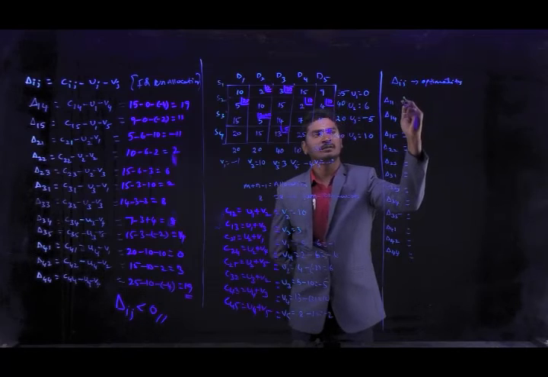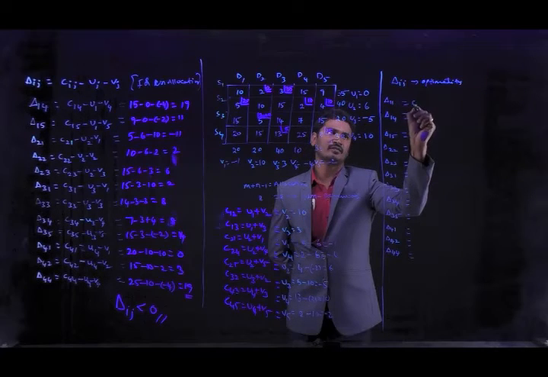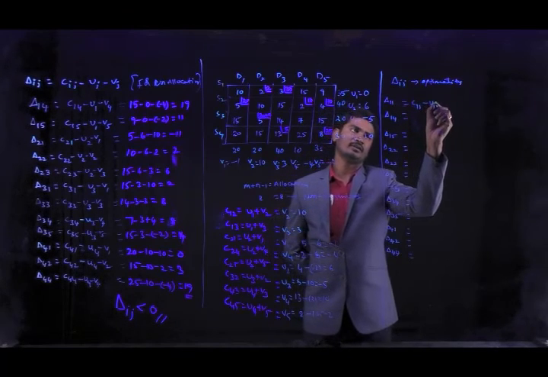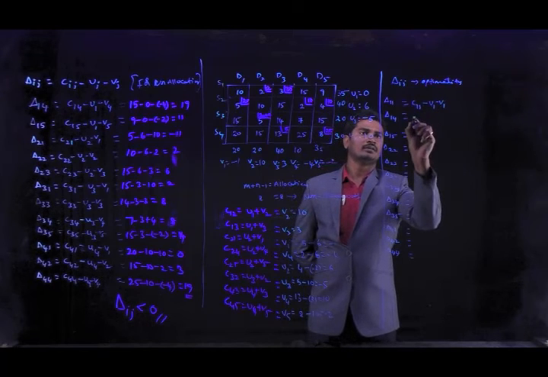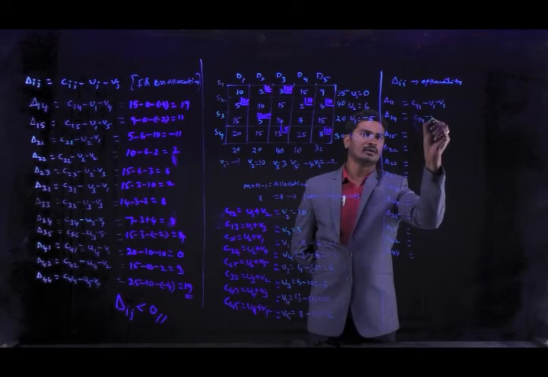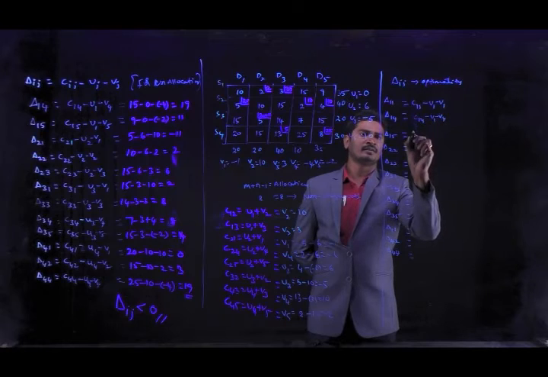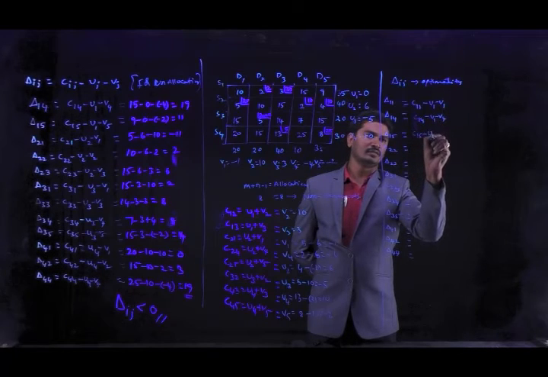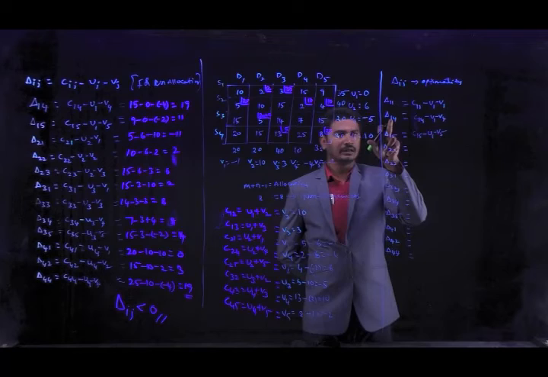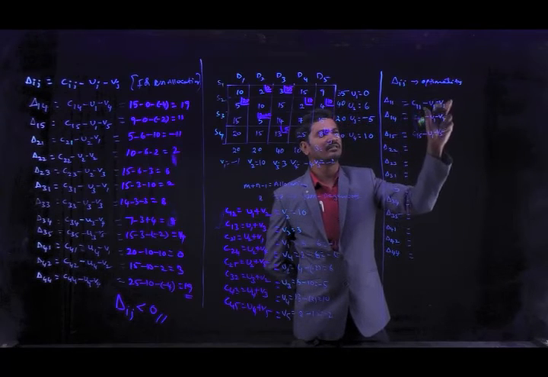optimal solution. Okay, delta 11 means C11 minus U1 minus V1. Here C14 minus U1 minus V4, C15 minus U1 minus V5. Here we have one logic. We can write this equation based upon this.